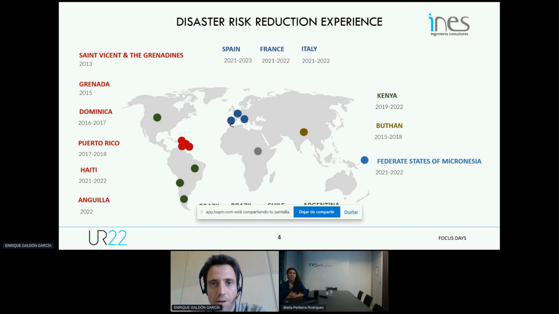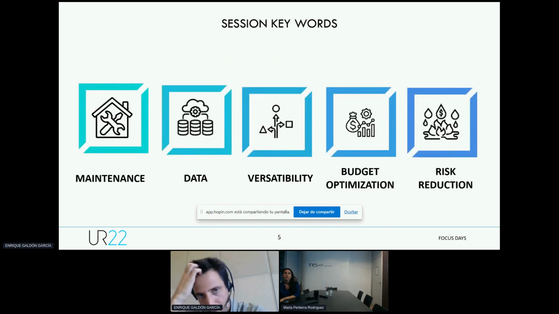So what we are going to be presenting now is more focused on preventing and trying to prepare our infrastructure in order to better withstand the potential hazards that you might be facing. But anyhow, we also have to say that these tools can help also in the emergency response. Which are the main session keywords that we would like to highlight?